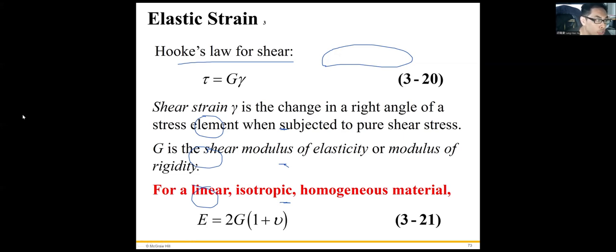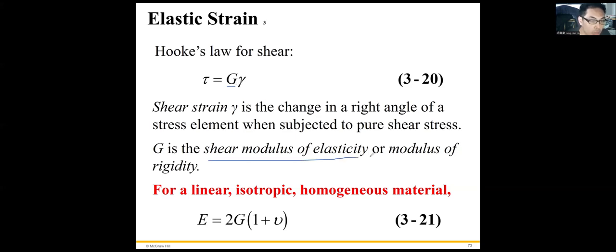Okay, also for shear, suppose we have a solid rod undergoing a torque. So what does this G represent? The shear modulus of elasticity, or the modulus of rigidity, or the shear rigidity, the same thing. And gamma represents the shear strain.